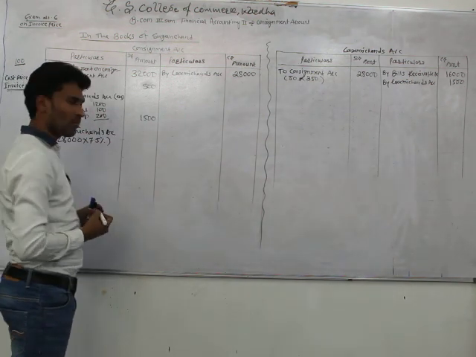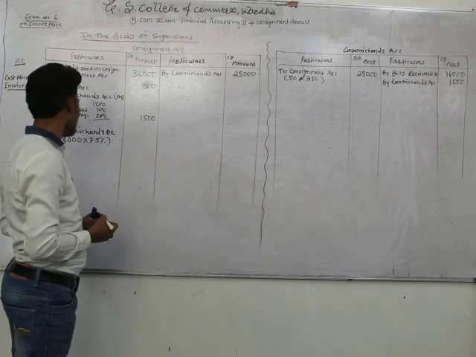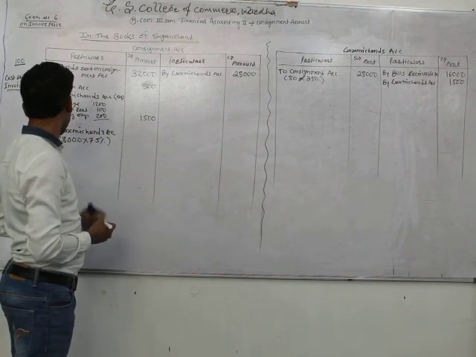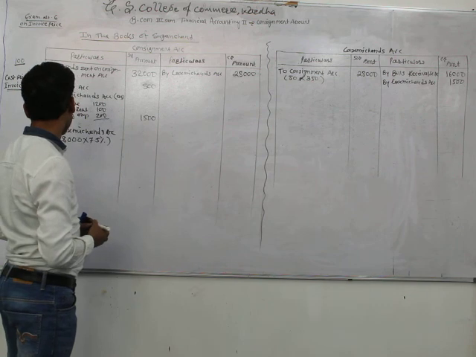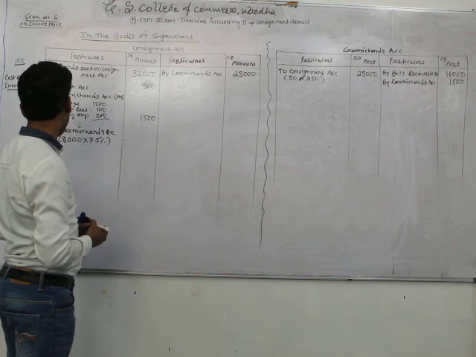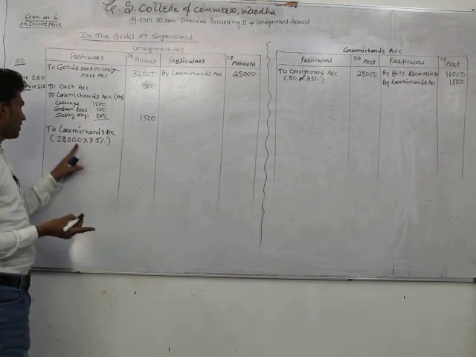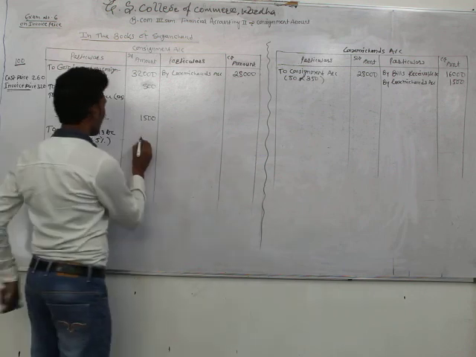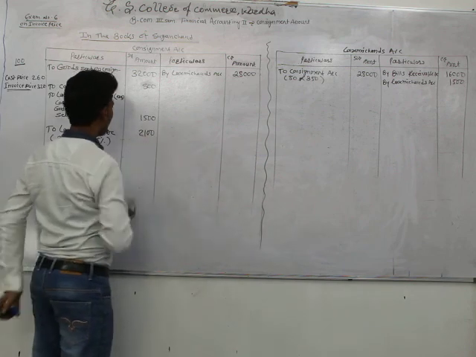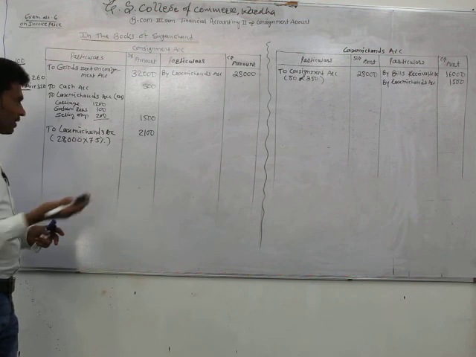Okay, 6% normal commission and 1.5% del credere commission, total becomes 7.5%. 10% is 2,800, 5% is 1,400, and 2.5% means 700, which is 2,100. You can calculate it.